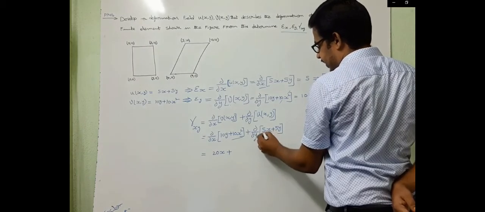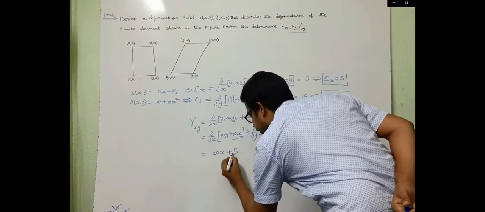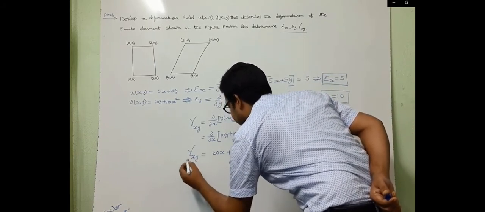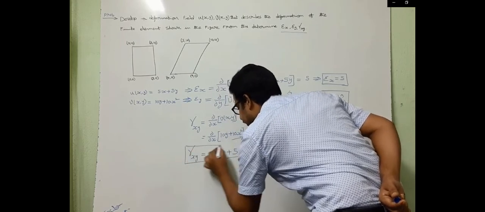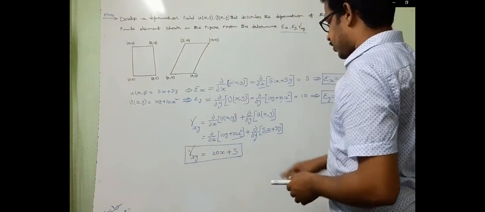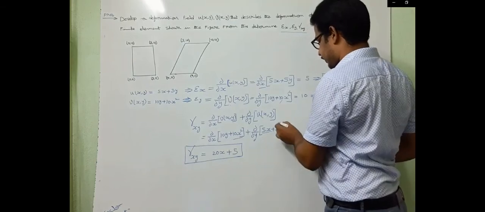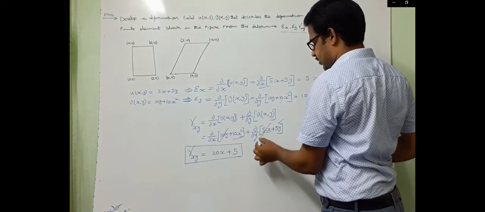This is 5x, this is 5y, that means 5. So here gamma xy is equal to 20x plus 5. This is the constant term.